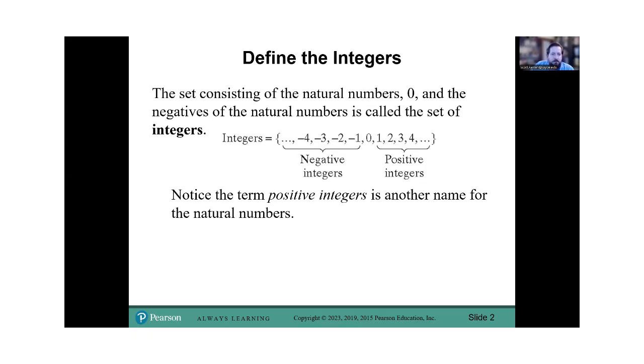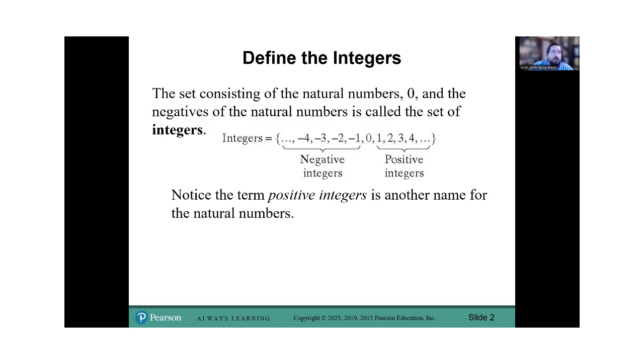The set of numbers consisting of the natural numbers and 0, along with the negatives of the natural numbers, are the integers. So that is the counting numbers 1, 2, 3, 4, but also 0 and those negative values, -1, -2, -3, -4, and so on.